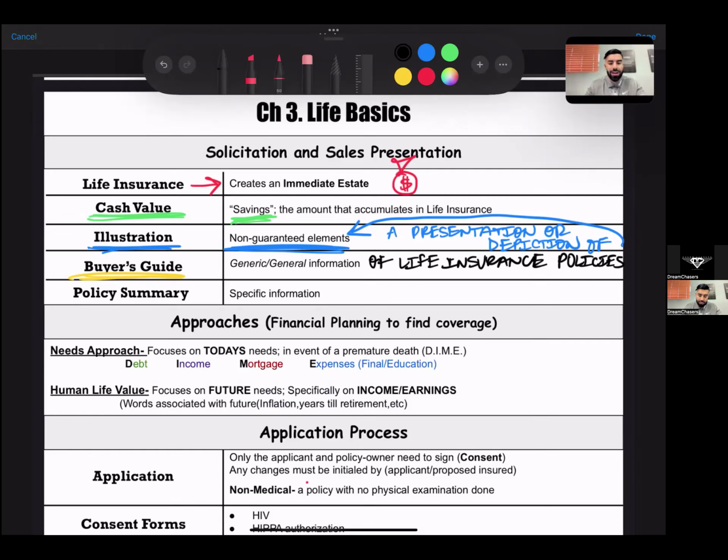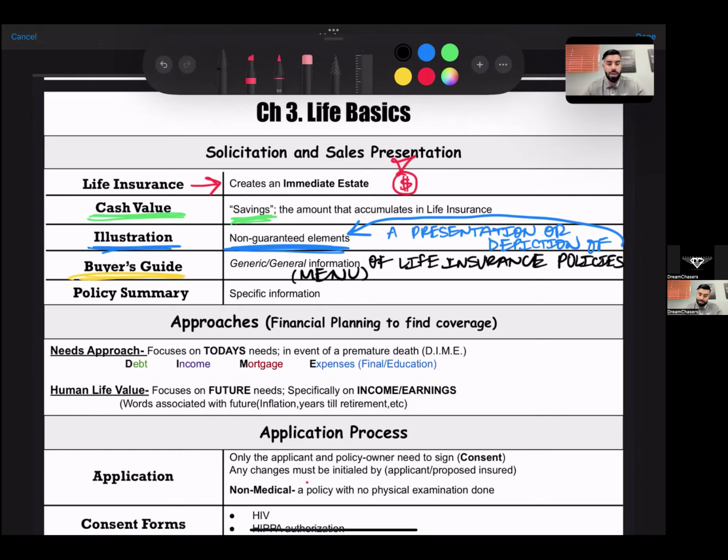In other words, it's just a sexy way of saying it's a menu for life insurance. It's going to give you exactly how each type of policy works. If you go to a restaurant and you look at the menu, it's going to tell you exactly what each item holds. Same thing in a buyer's guide. The buyer's guide is going to tell you exactly how each life insurance policy works, the benefits of it, and so on and so forth.